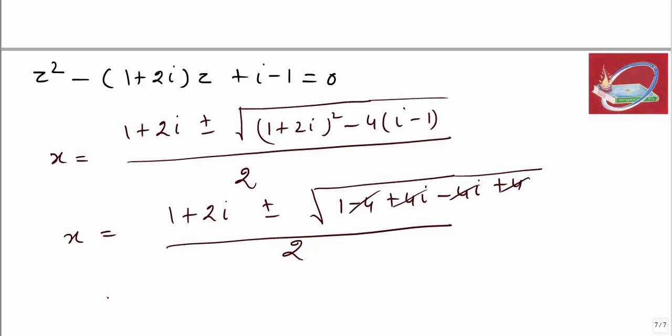It will remain 1. x is equal to (1 plus 2 iota) plus minus 1, upon 2. If we take the plus sign, then we have 2 plus 2 iota by 2, so x is equal to 1 plus iota. With the minus sign, this gets cancelled out and will remain iota.